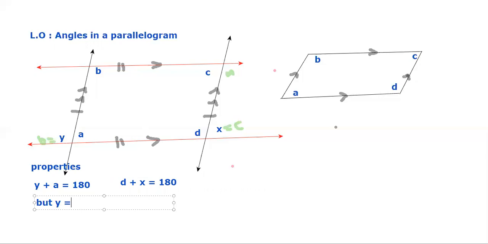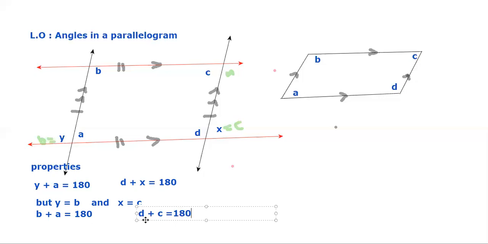Y is equal to B, and X is equal to C. So this leads me to say B plus A equals 180, and nobody will actually object to that. Also on this side I can say that D plus C is equal to 180.